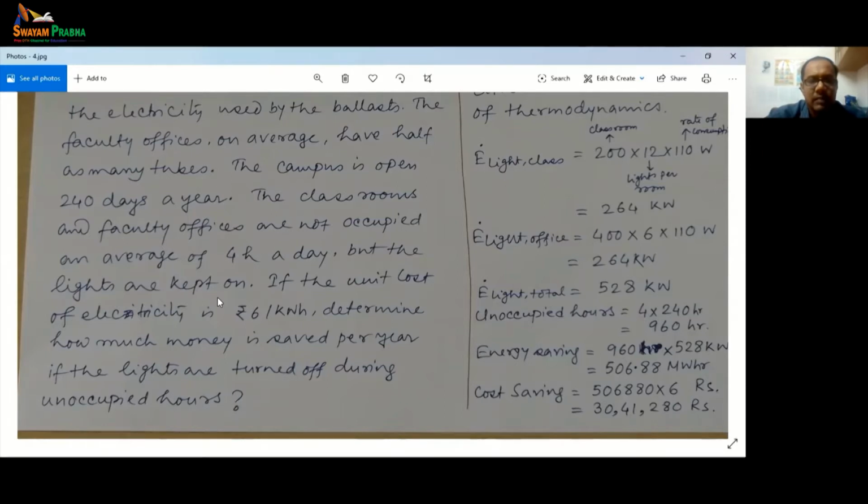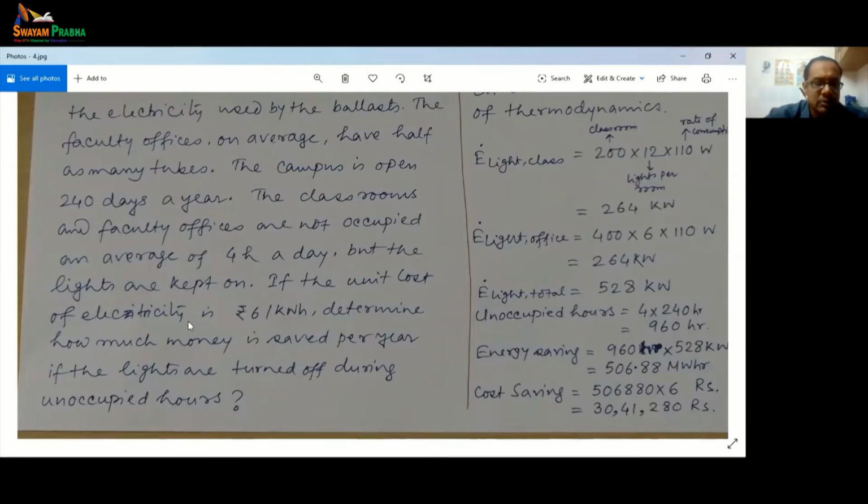And when you leave the classroom with a friend, talking about something, you just don't notice that the switches are kept on as you leave as the last person. So how much electricity and hard-earned money are we losing by that insensibility? That's the purpose of this problem.